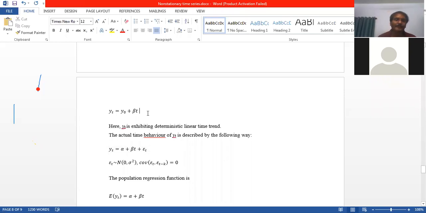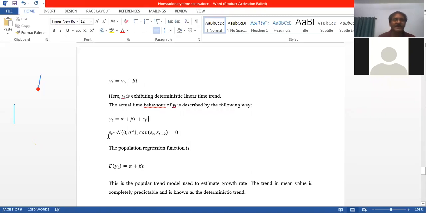By definition, epsilon t has mean value 0, constant variance sigma square, and covariance 0. So epsilon t is white noise, that is, stationary or purely random. So if it is stationary, the deviation of yt from this line is simply epsilon t. And as epsilon t is white noise, this deviation will be a temporary phenomenon.